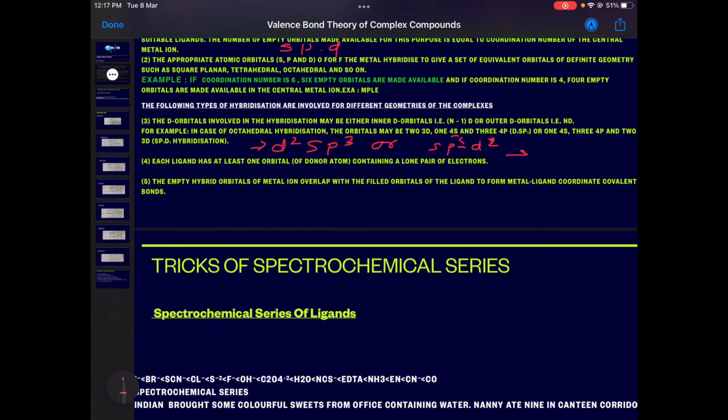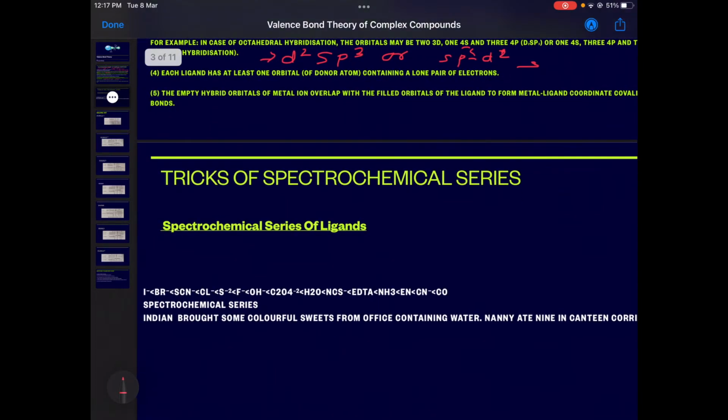Now, there are some specific ways by which you can find out the hybridization of the complex compound, depending upon the spectrochemical series of the ligands. I have made some tricks for you so that it will become easier to remember the whole spectrochemical series of ligands.